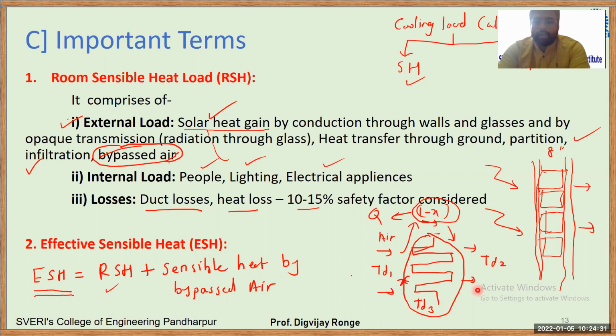But in actual, what happens? Due to some factors contributing to heat transfer, we do not get TD3. In another way, you can say that X amount of air passes onto the coil and its temperature becomes TD3, while 1 minus X amount of air bypasses the cooling coil, its temperature still TD1. So from TD3 and TD1, we get some average temperature, that is TD2.